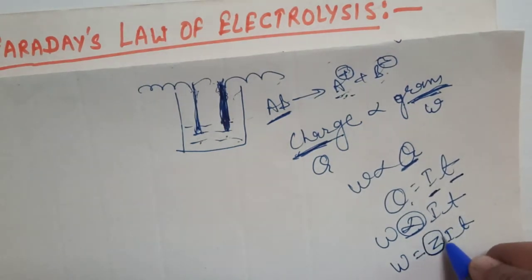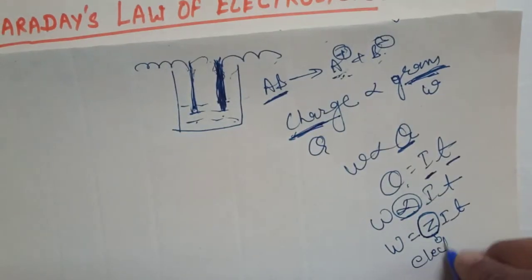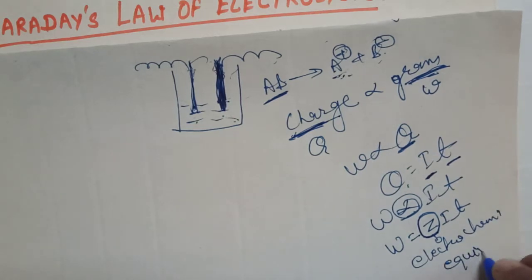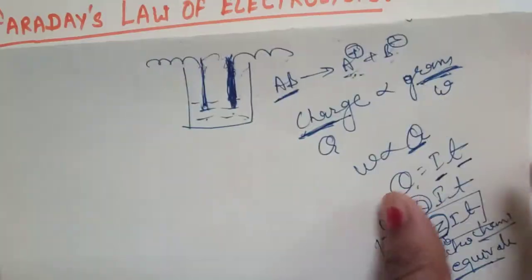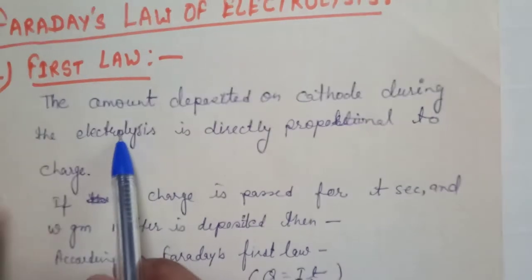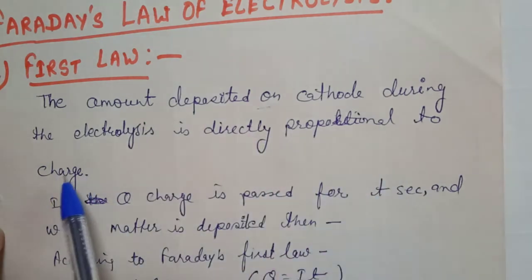where Z is a constant which is characteristic of the substance and is known as the electrochemical equivalent. This is the first law of electrolysis. The amount deposited on the cathode during electrolysis is directly proportional to the charge.